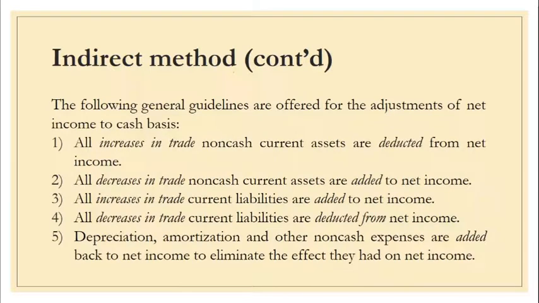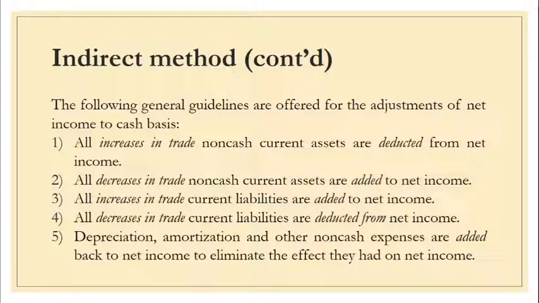So, the following general guidelines are offered for the adjustments of net income to cash basis. First, all increases in trade non-cash current assets are deducted from your net income. Again, increases are deducted from net income. All decreases are added to net income.